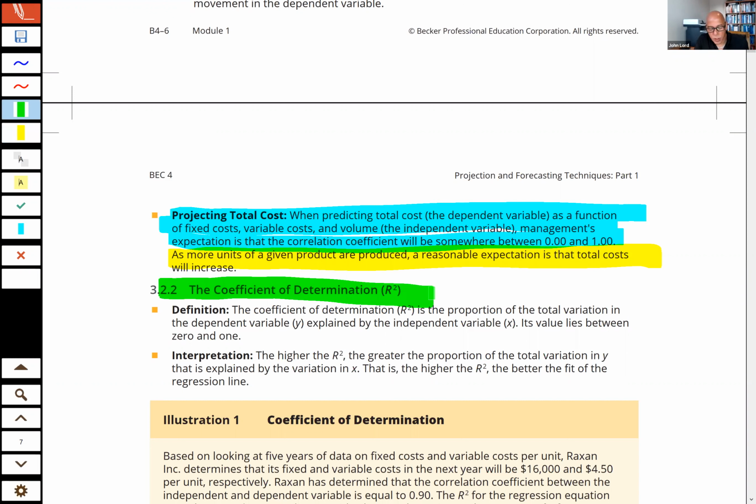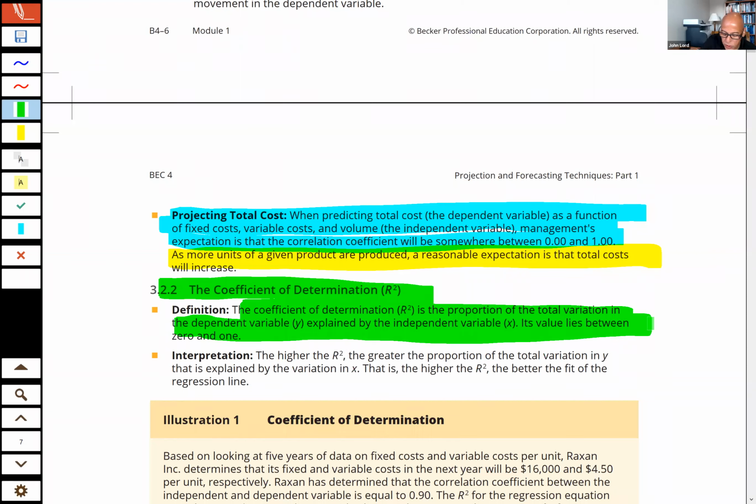Now, there is another definition here, which is the coefficient of determination. What the coefficient of determination tells us is how much of the dependent variable is really caused by the movement in the independent variable. It essentially takes that R and squares it.